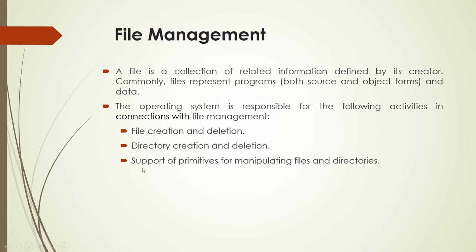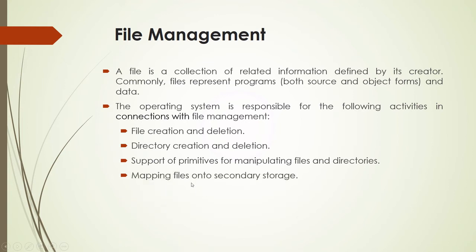Also it supports primitives for manipulating files and directories. What are these primitives? For example, I want to search for a text in a file, so that can be done. If you want to move the file pointer from the beginning to the end of the file, that is also possible. If you want to know who is the creator of the file, what permission has been set for the file, read, write, execute. So these are some of the primitives.